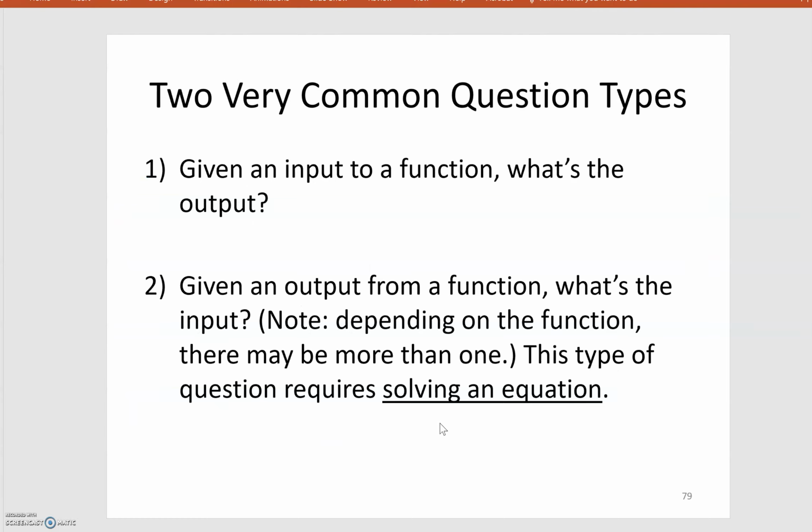We've already seen some examples of the two common question types on this next slide, and that's good because maybe this will help you to remember them. The two common question types that we work with in this class are: given an input, what's the output, and given an output, what's the input.